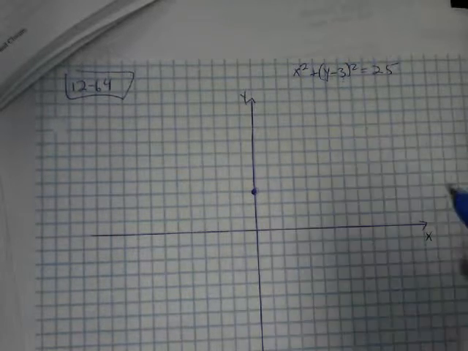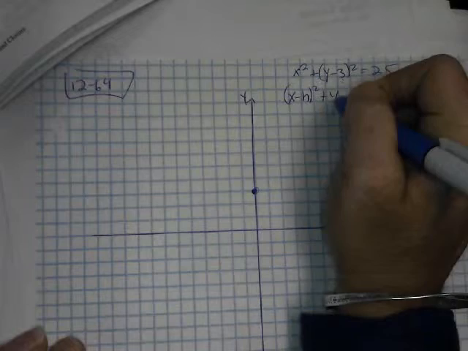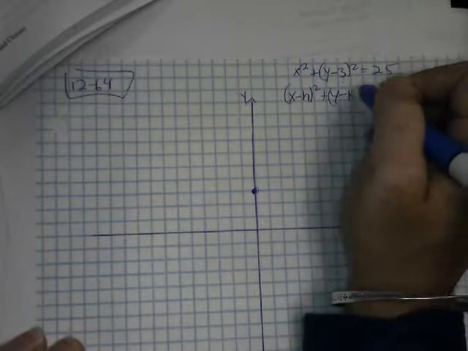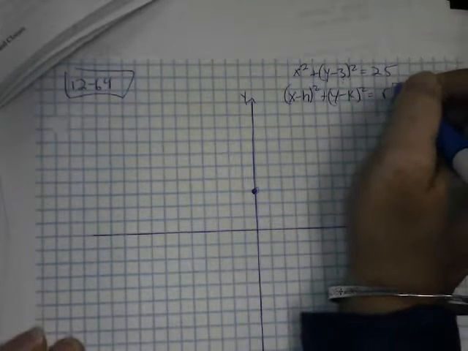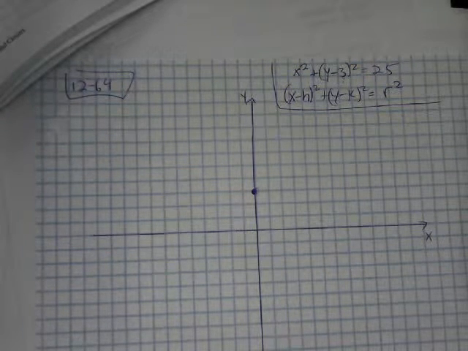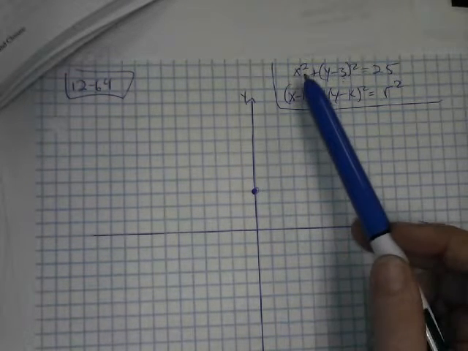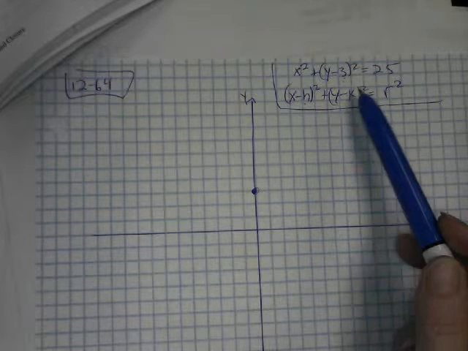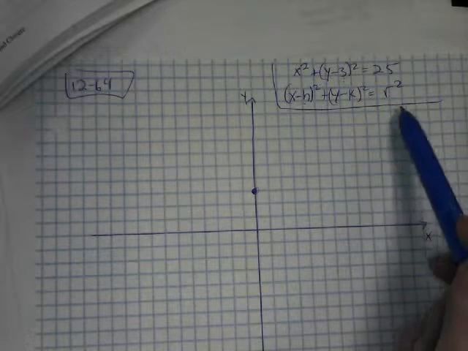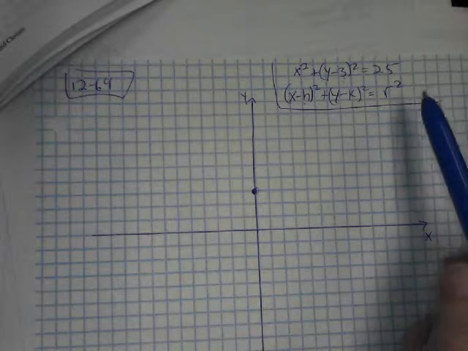Yes, but the standard form is (x minus h) squared plus (y minus k) squared equals r squared. So the minus signs are already built in. That's why I said that was 0, and then that's going to be 3. And then at the origin, x squared plus y squared equals r squared.